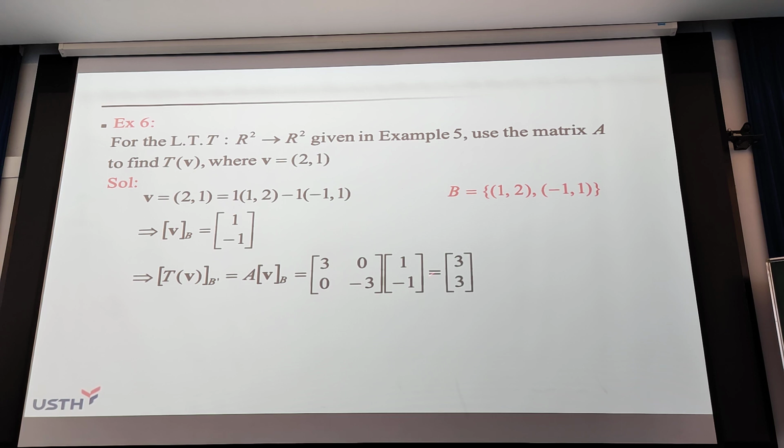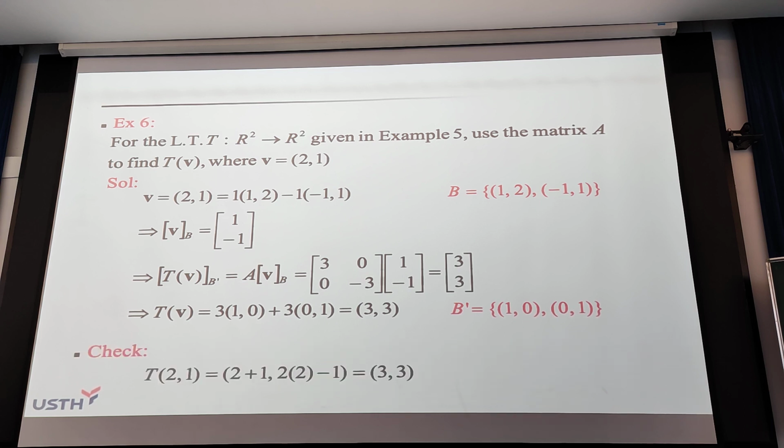So the coordinate of that will be, and that is T of V to be that one, C times that plus C times that, in coordinates where the basis B prime is the standard basis. And you can verify again. If you apply the formula in the previous slide, you get that one, and it is exactly here. If you use our calculated matrix, which is A.